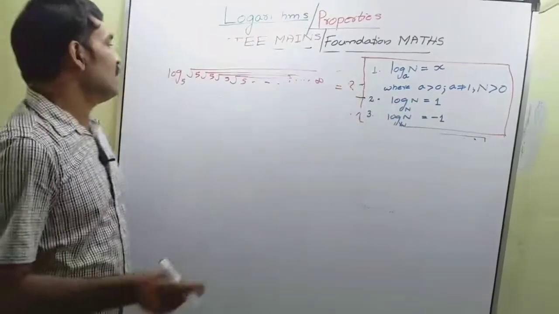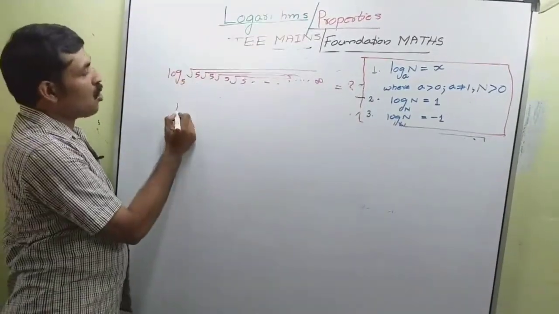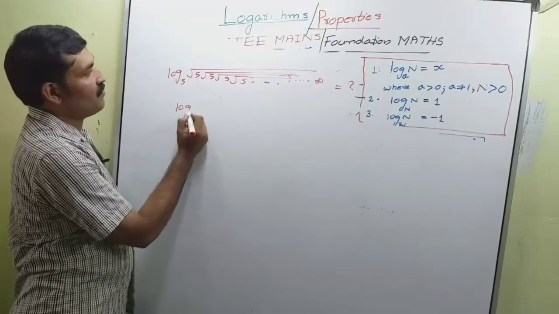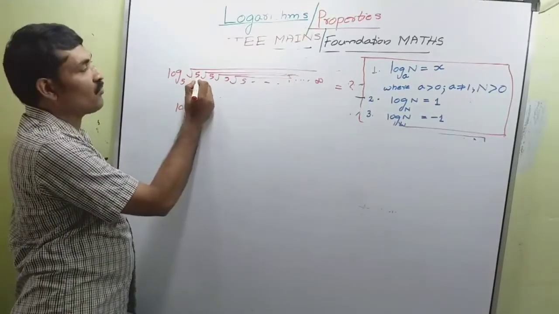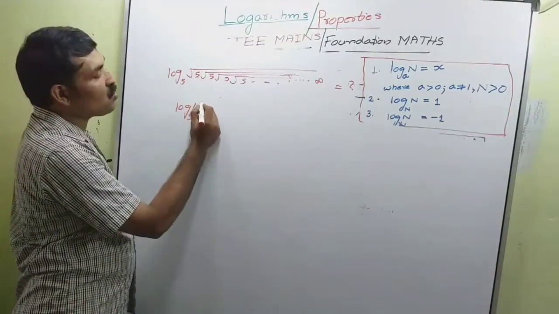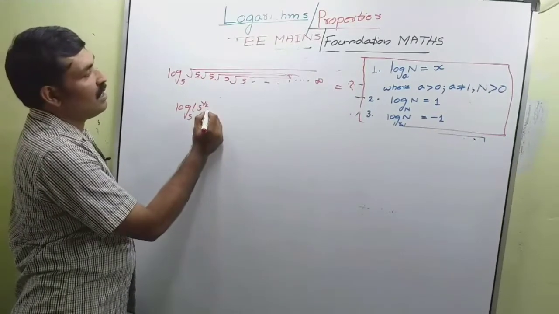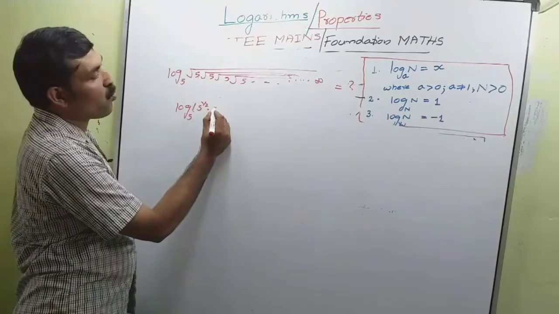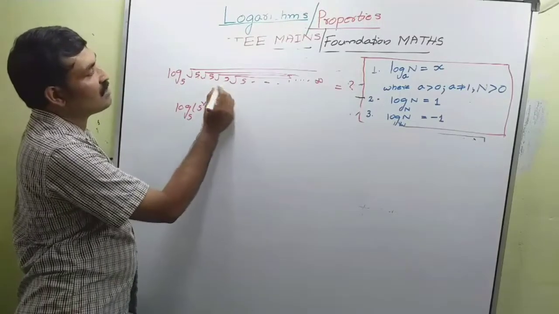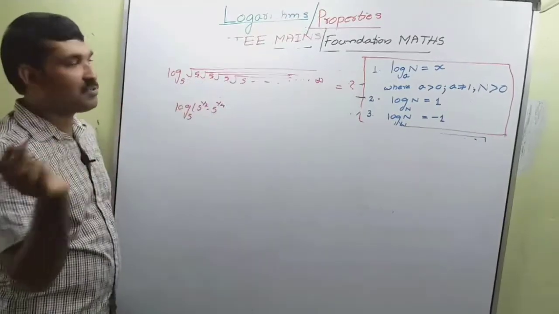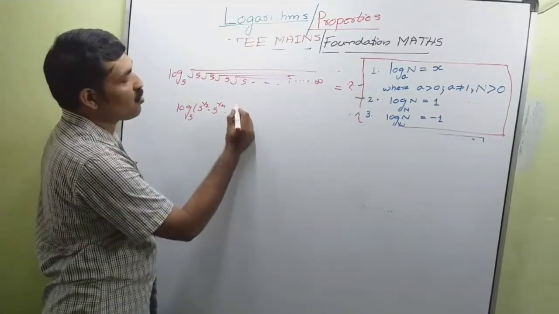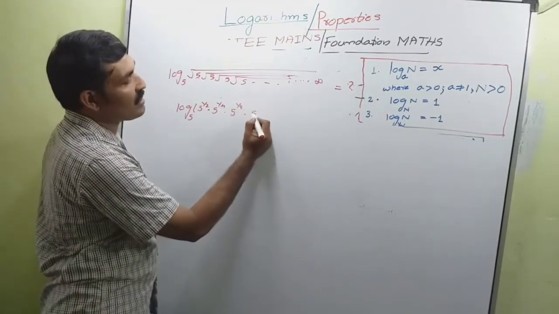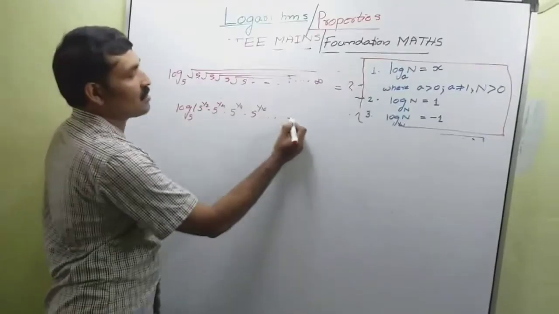We can write this as log base 5 of first square root of 5, that is 5 raised to 1 by 2, into this square root of 5, that is 5 raised to 1 by 4, then 5 raised to 1 by 8, into 5 raised to 1 by 16. This goes on.